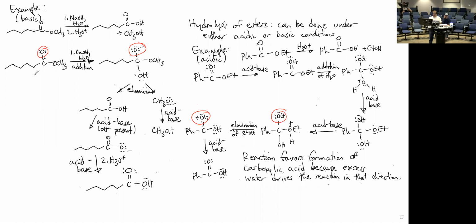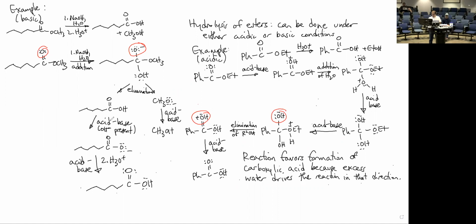And again, I just used methyl hexanoate as an example, just like I used ethyl benzoate over here as an example. I could have picked any other ester. So under basic conditions, there's far fewer acid-base steps. We just do our addition, and then we immediately do our elimination. And that gives us the alkoxide ion, which picks up a proton from water and goes to the alcohol.